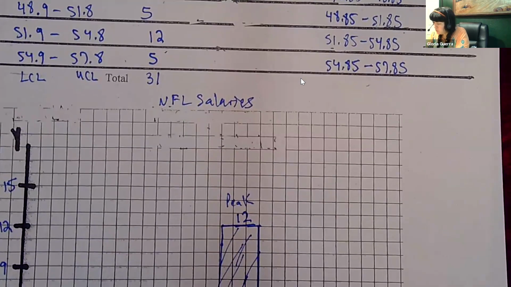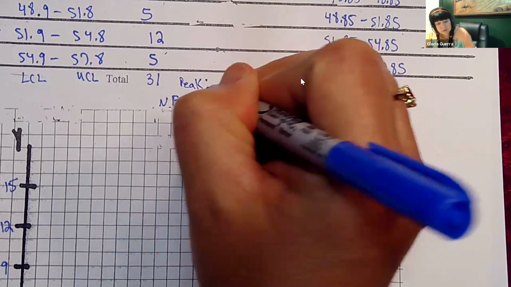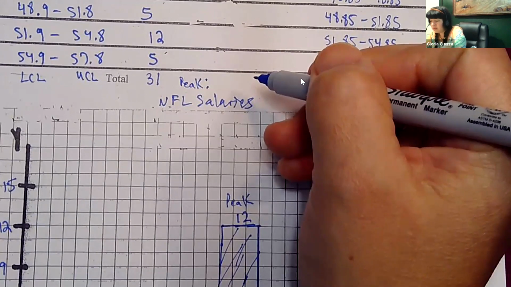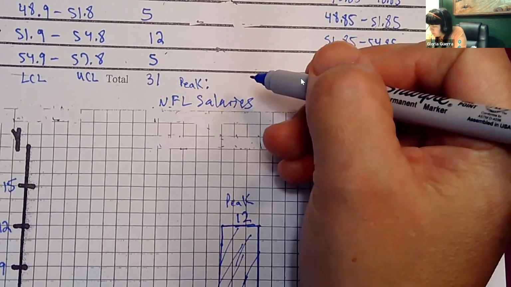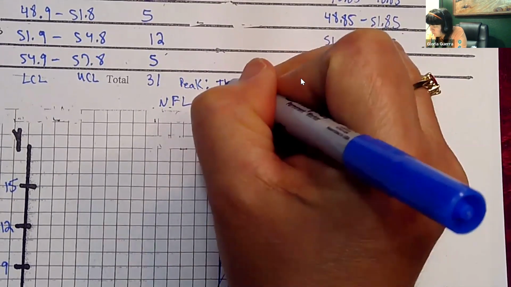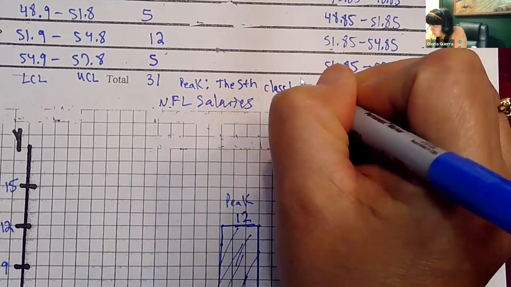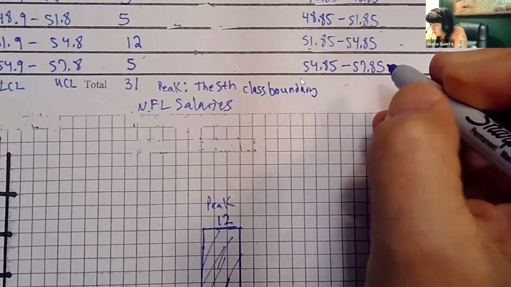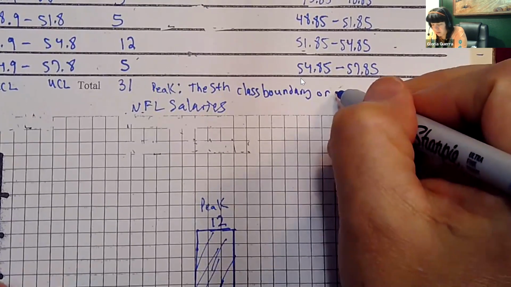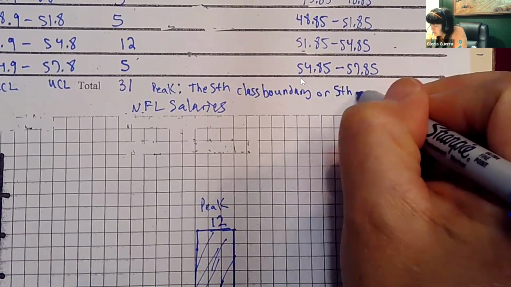But if I go back to saying a comment about the peak, I just said you could base it on the class limit or you could base it on the class boundary. You can say the fifth class boundary, or you can say the fifth class limit.